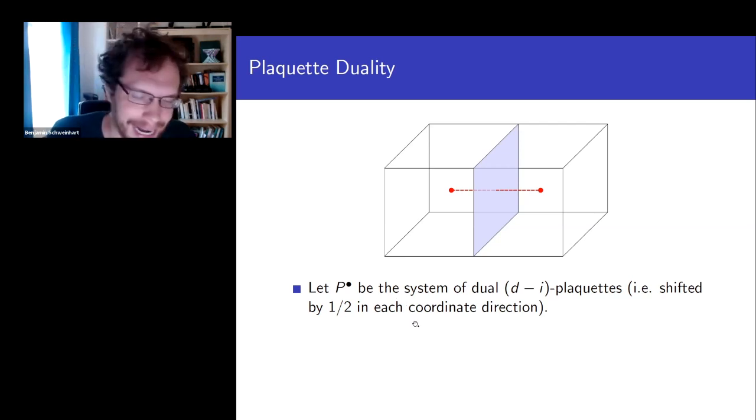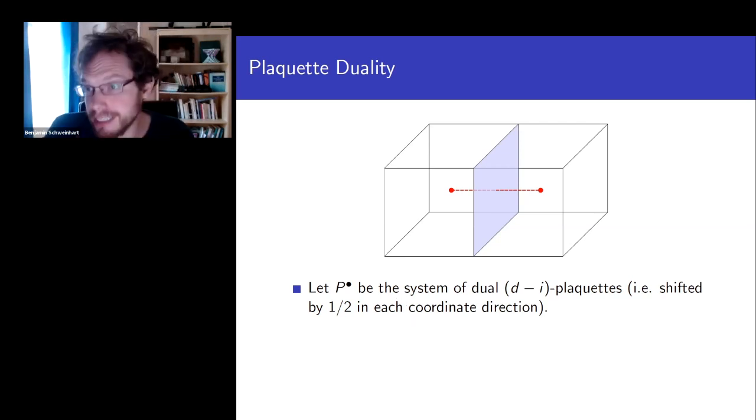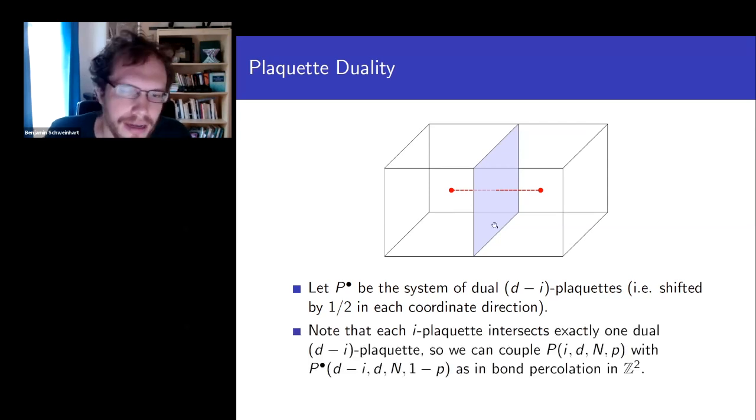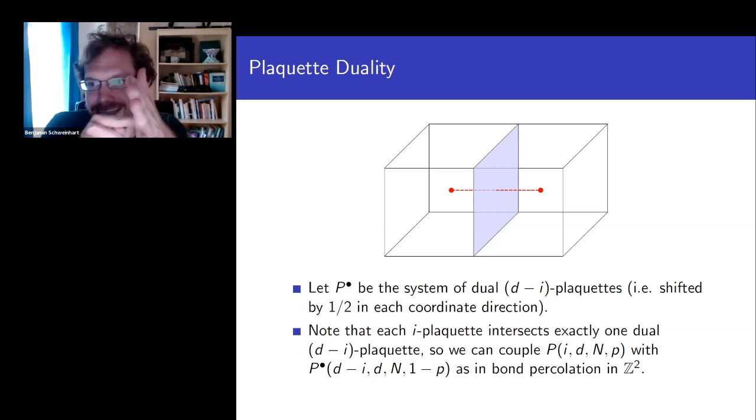But in general, if we have d-dimensional plaquette percolation, either in Z^d or in this torus we've constructed, we can define the dual plaquette system by shifting our lattice by 1/2 in each coordinate direction and considering the d minus i dimensional plaquettes. And like we had for two-dimensional plaquette percolation in Z3, we have this duality relationship where an i-dimensional plaquette of the original system intersects exactly one d minus i dimensional plaquette of the dual system in its center.